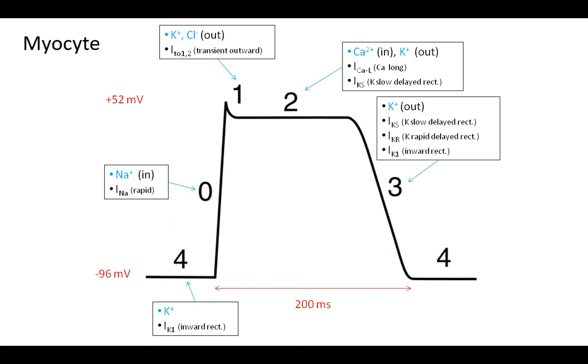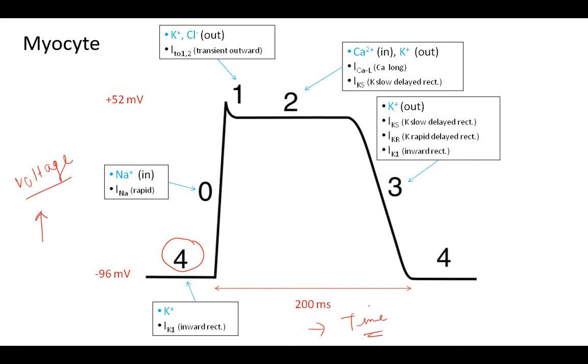Here the y-axis is voltage and the x-axis is time, right? In phase 4, it is along the resting membrane potential, which is minus 96 millivolt, and the channel that is operating is the inward rectifier potassium channel.